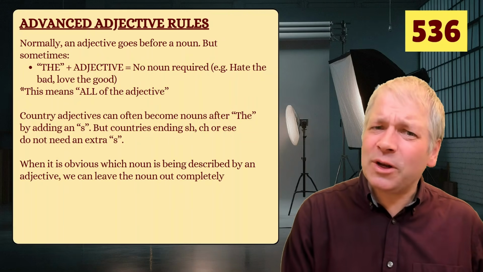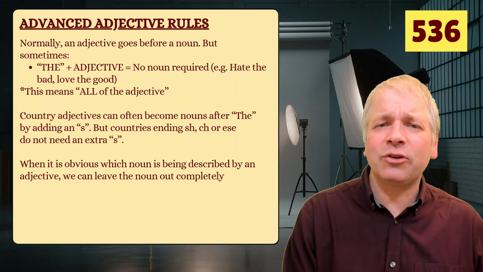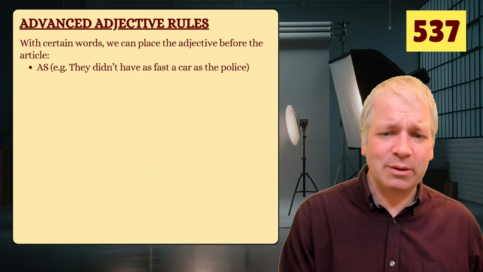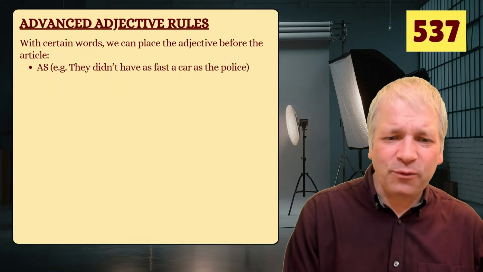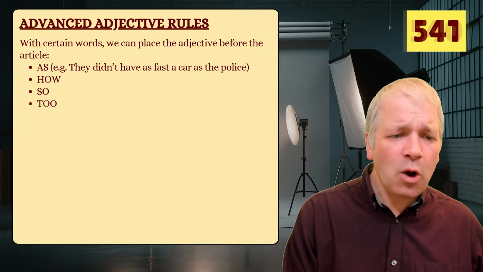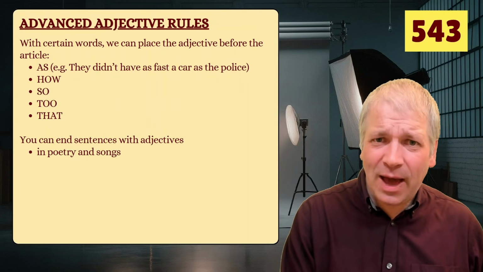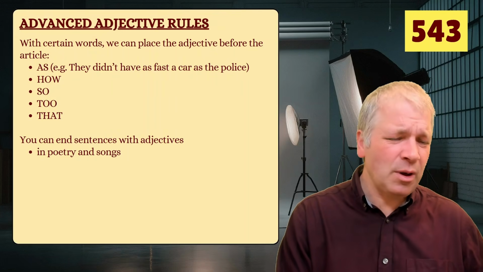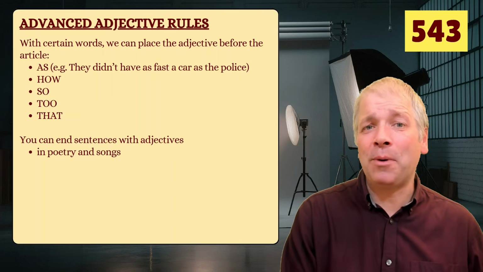When it's obvious which noun is being described by an adjective, we can leave the noun out completely in some situations. Moving on, with certain words, we can place the adjective before the article: as, how, so, to, that. And you can end sentences with adjectives in some situations. For example, in poetry and songs, the rules get changed because we have something called poetic license.